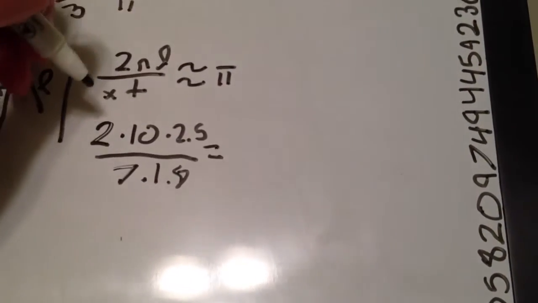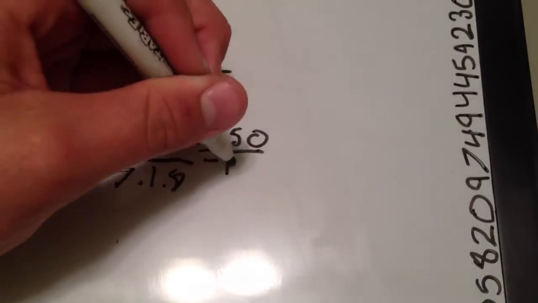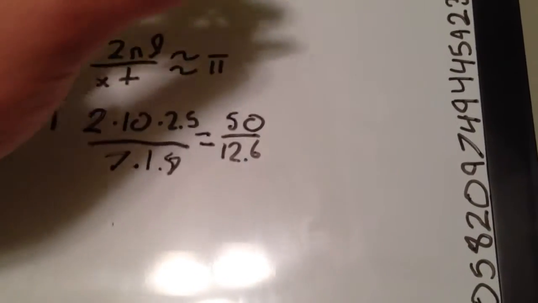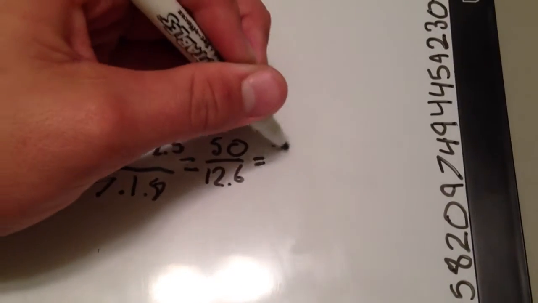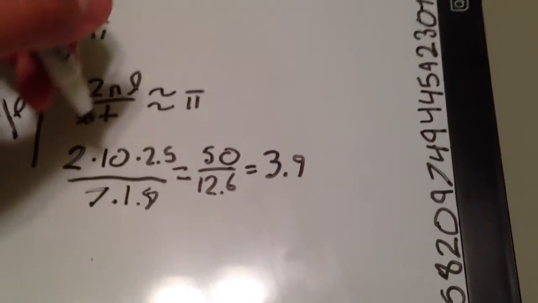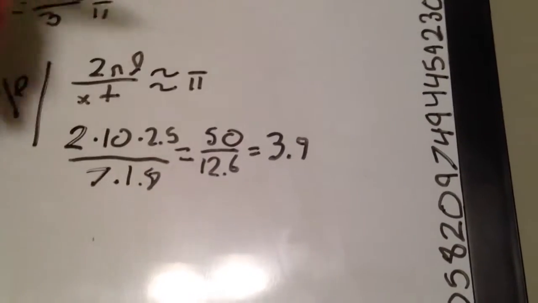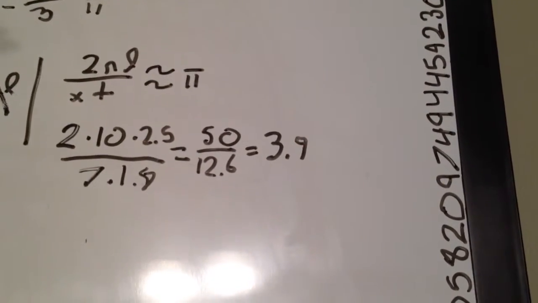So that would be 50 over 12.6, which doesn't exactly equal pi. Actually, it equals out to about 3.9. But if you have enough time and you do a lot of test runs for this, then you will get a number that's very close to pi.